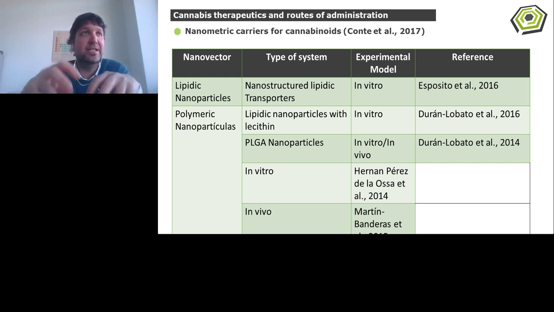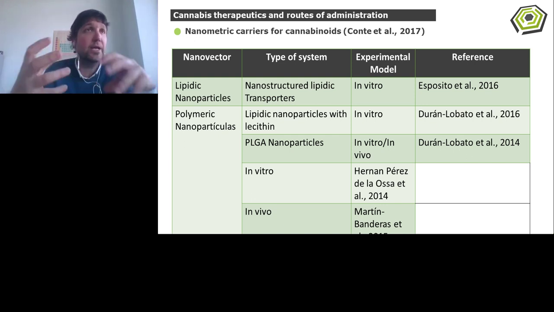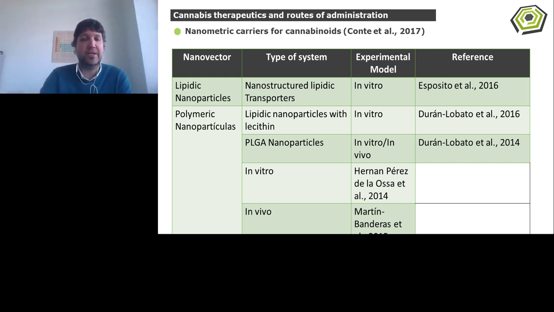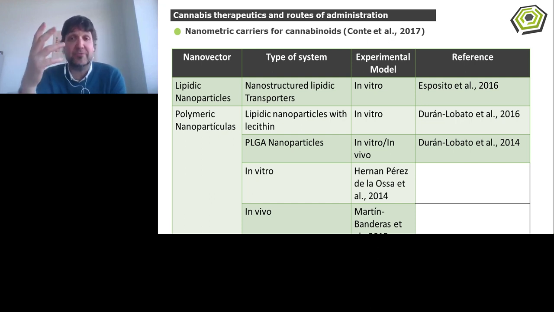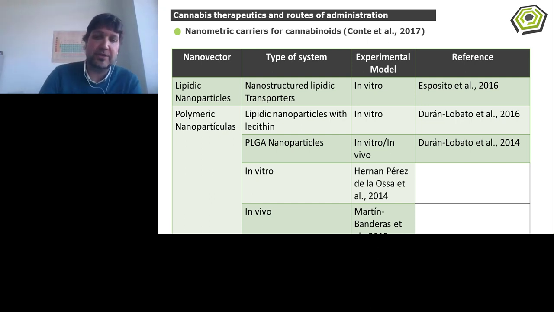So you don't need a daily intake, but a weekly intake, for example, or site-controlled formulations, meaning that even if you ingest this type of formulation of cannabinoid, it will be released only in the place where it is required, thus reducing the amount of side effects that it might have.